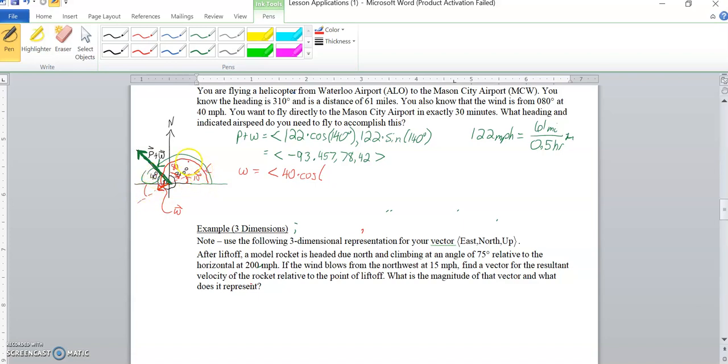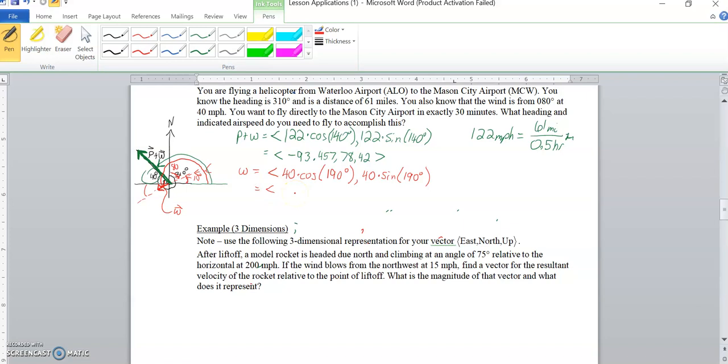So we went 180 plus 10, a total of 190 degrees. And then 40 sine 190 degrees there, okay. That simplifies.